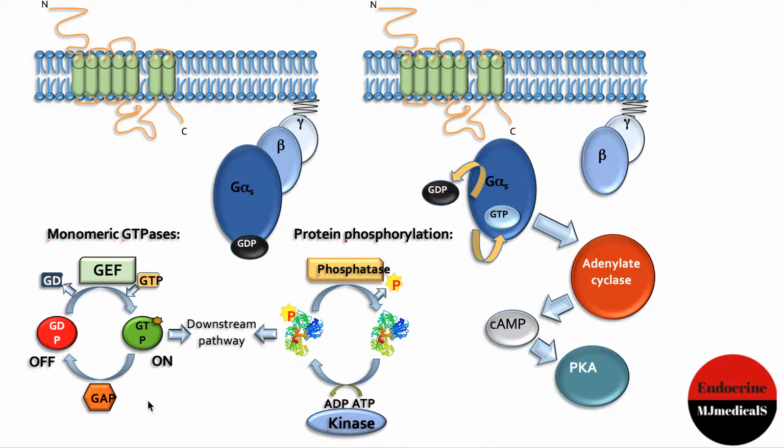Okay, so all you need to know is GEF and GAP. GAP turns off the GTP, it turns GTP into GDP, whereas GEF turns GDP to GTP. Right, so hopefully you understand it.